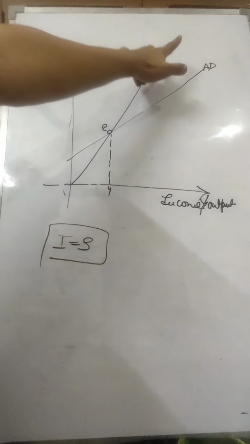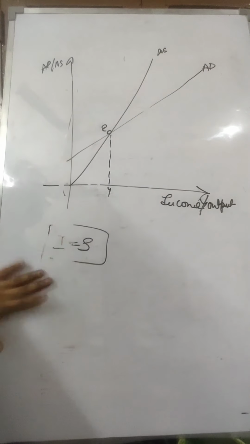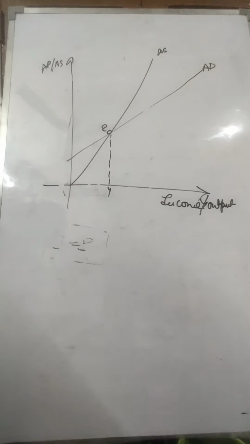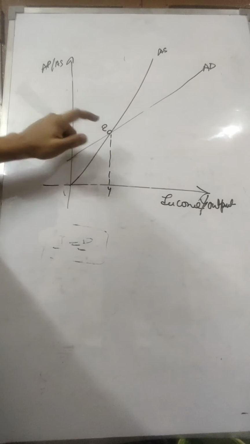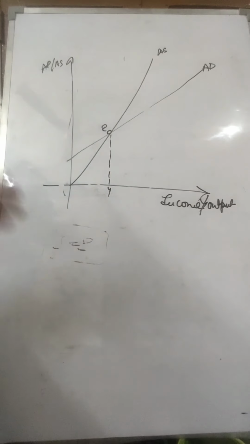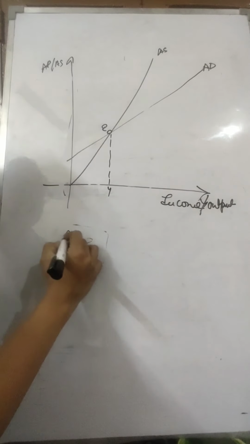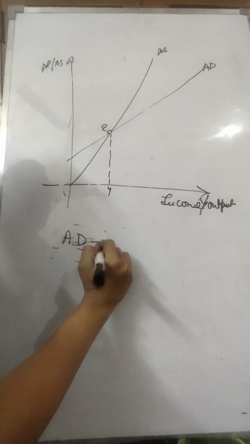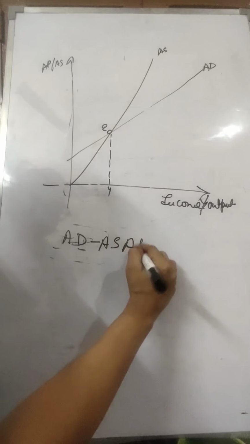First we will be going through equilibrium through the approach of AS and AD. Whenever we calculate equilibrium in terms of AS and AD, we call it the AD-AS approach.